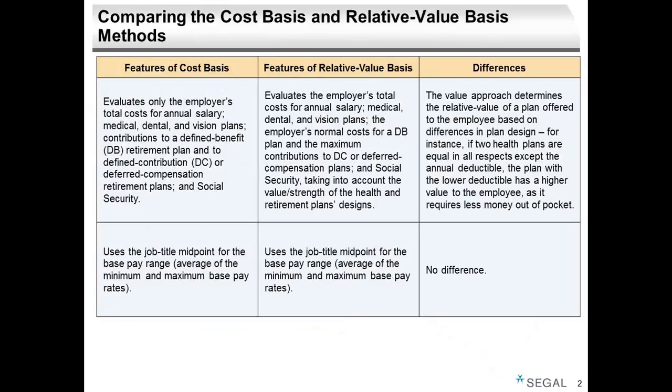Now, as I said, to start out with regard to the cost basis, and we will always be starting out with the cost and then comparing that to the relative value. On the cost basis, we're looking at the employer's total costs for salary, for medical, dental, vision plans, any health and welfare related benefits, as well as contributions to defined benefit retirement plans, defined contribution plans, retiree health, Social Security, and any other post-employment benefits.